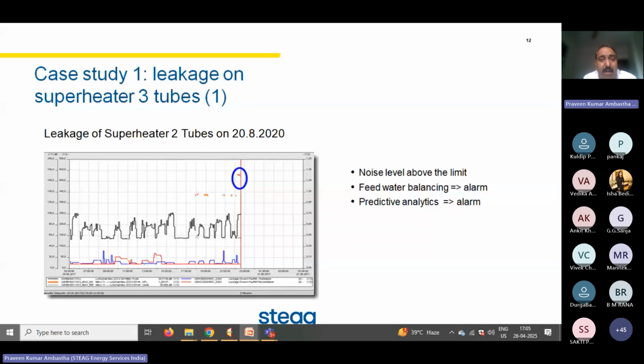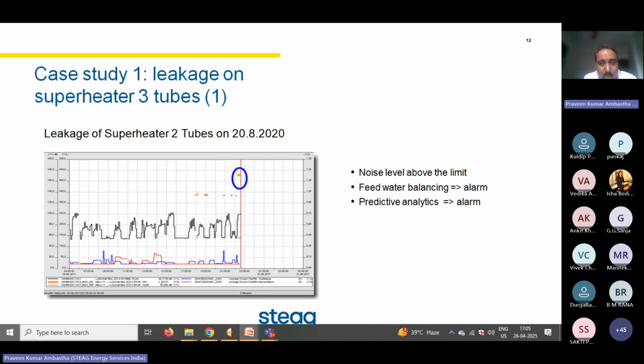So here there is a case study, 28 August, of course, the time is past. So here you can see that on 20th August, the noise level was within the limit. Then on 28th August, we got the alarm. Feed water balancing, there was an alarm.